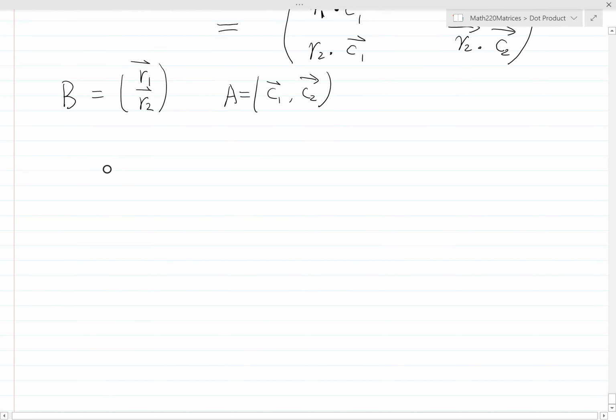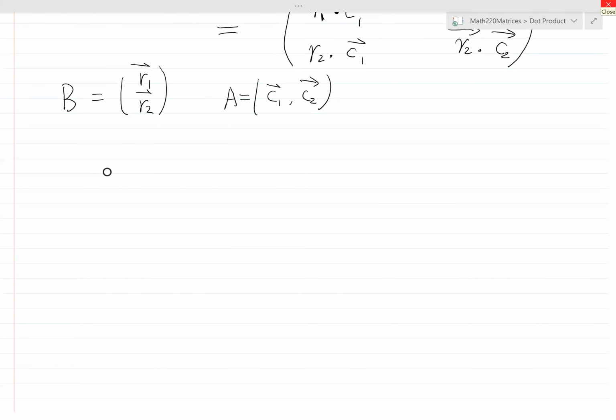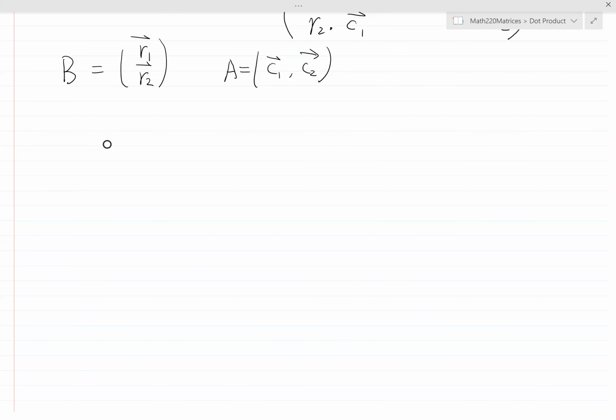For instance, this example: rotation by an angle theta.